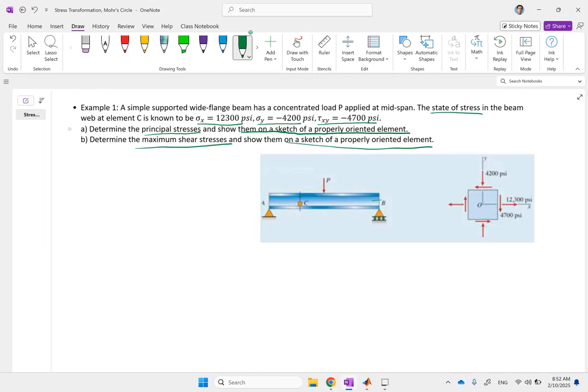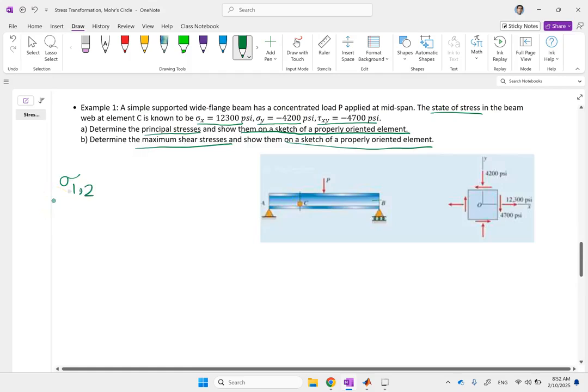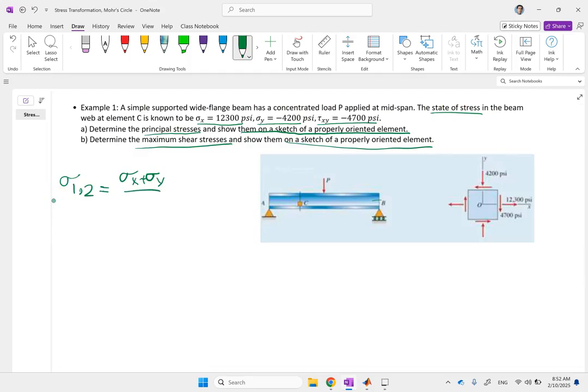Okay? So clearly, based on the formulas we learned, sigma 1 and 2 is equal to sigma average plus minus the square root of the tau xy component squared plus the difference between the two divided by 2, squared.